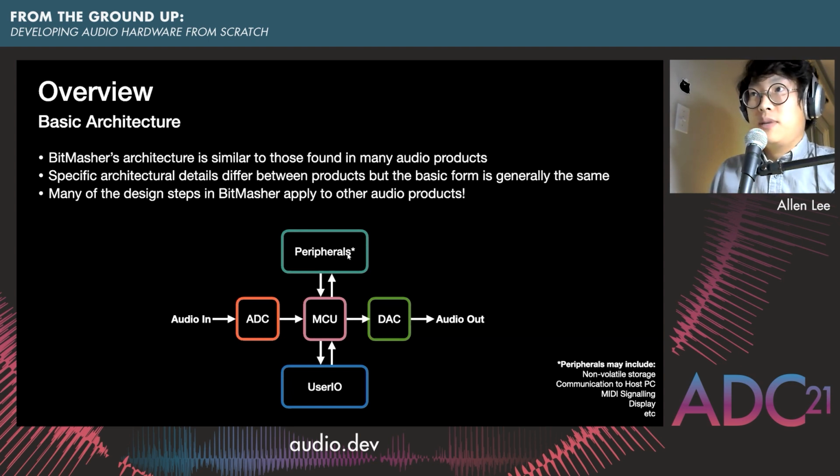And then there are going to be some peripherals around, which will be different depending on the product. And those peripherals can include things like SD cards, displays, MIDI signaling. The specific architectural details are going to be different depending on the product, but the base is going to be largely very similar.